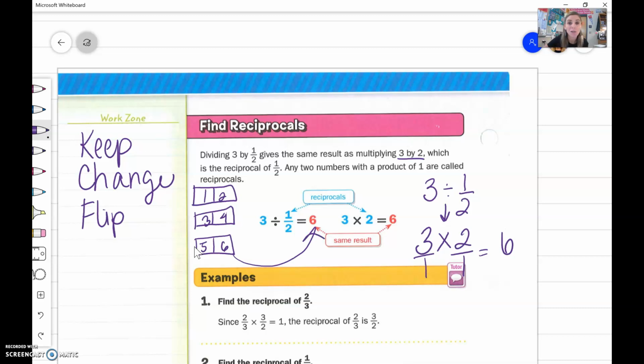Coincidence? No, because there are no coincidences in math. There's no coincidences in math. So, therefore, keep, change, flip. You might hear other teachers say it a little bit differently, and that's totally fine. But for our sake, ours is keep, change, flip.